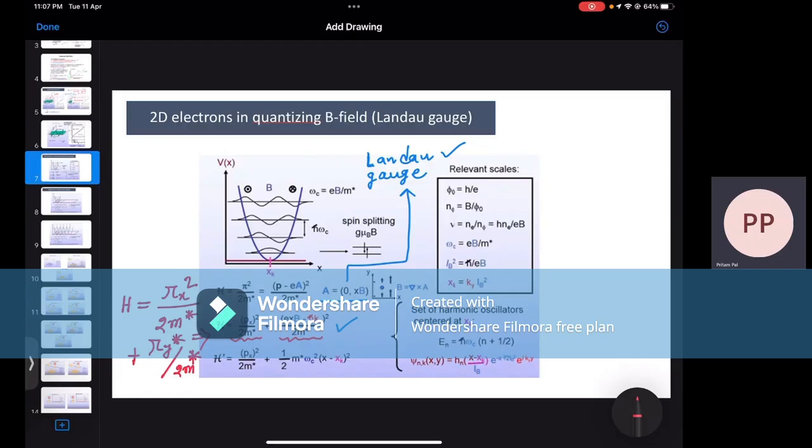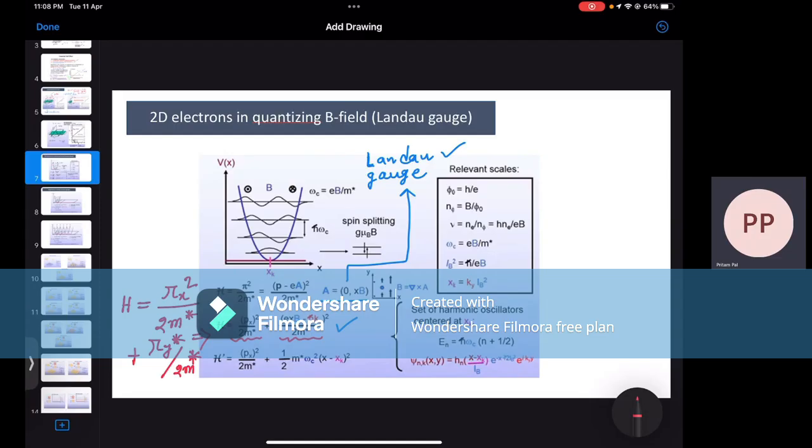For the pi y component I have to subtract away this vector potential, because that is how I have chosen the gauge.